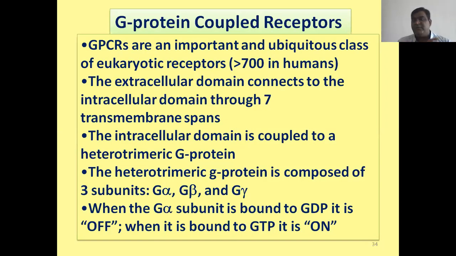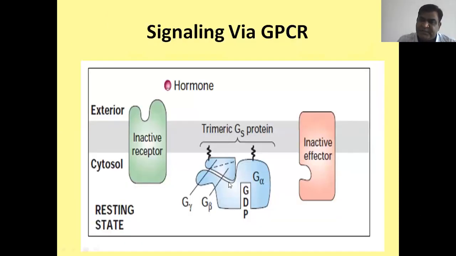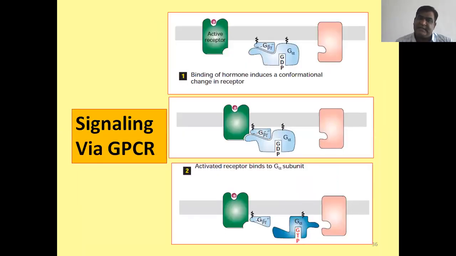When the G alpha subunit is bound to GTP, it is active or on. When it is bound to GDP, it is off or inactive, as you can see in this diagram. This is a trimeric G protein, and hence this receptor is called GPCR. You can see G alpha and G gamma are bound to the membrane, G beta is not. Sometimes that fact is also asked in various examinations.